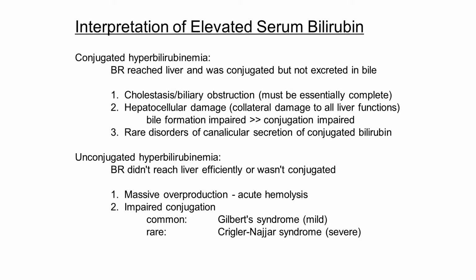On the other hand, unconjugated hyperbilirubinemia can be due to the fact that bilirubin did not reach the liver efficiently or was not conjugated in the liver.